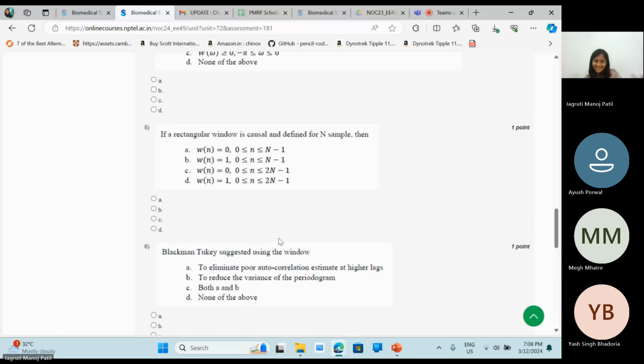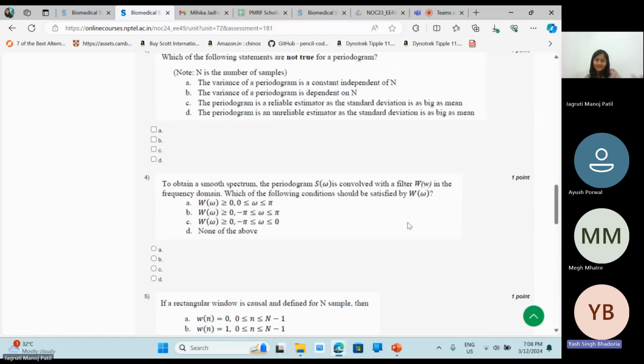Ma'am, we have seen that if we go through the lectures, every window is symmetric. And every window's weight is also greater than or equal to 0.